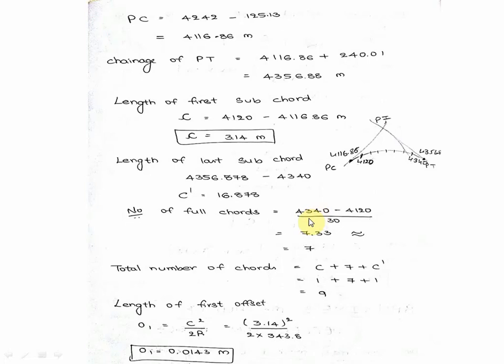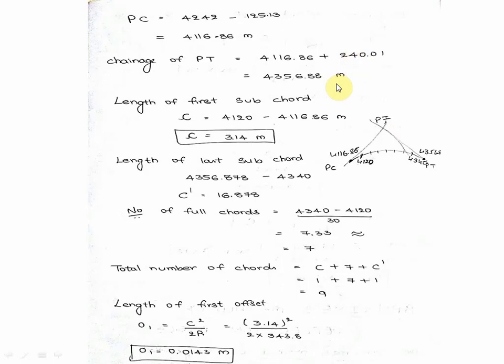Then if you calculate the number of full chords, that is 4350 minus 4120 by 30, you will get total number of chords 8. Okay, 8 into 30 will be 240. Again, plus length of first subchord 3.14 and length of last subchord 6 meter. So then it will be 249, which is greater than this length of curve.